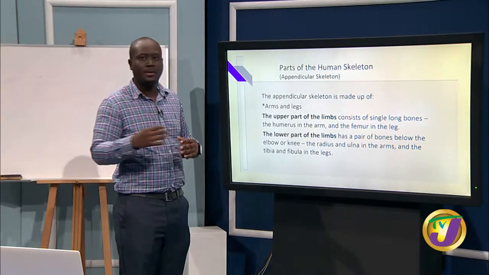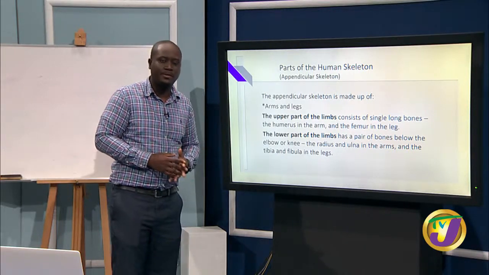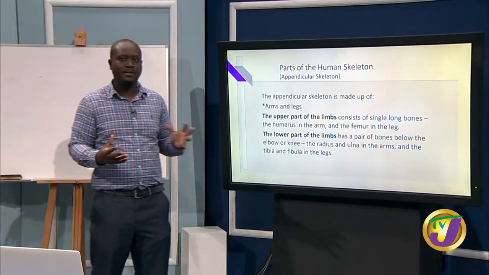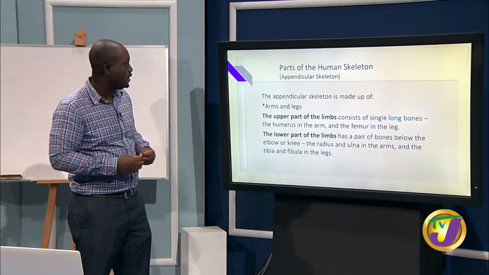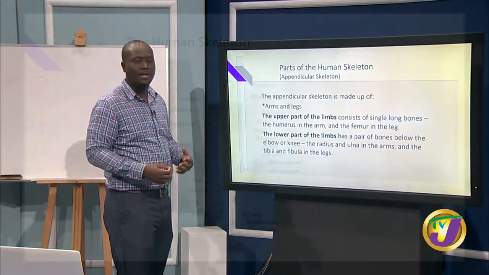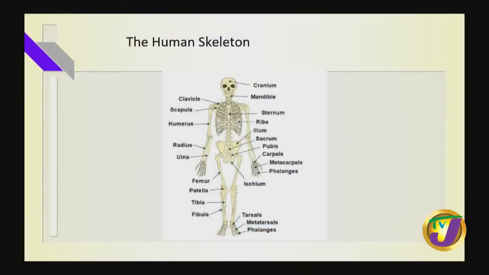Going back to the diagram, that's why I said you need a diagram of the human skeleton. You need to know the different parts of the legs and the different parts of the arms. You have the phalanges, which are the tips, and the carpals, your hands. You have the ulna and the radius. All these are the lower arms.